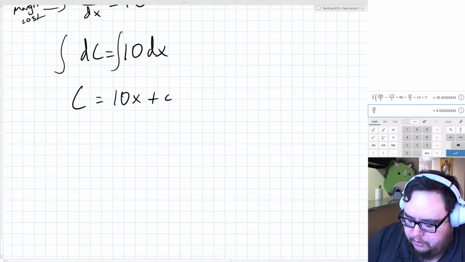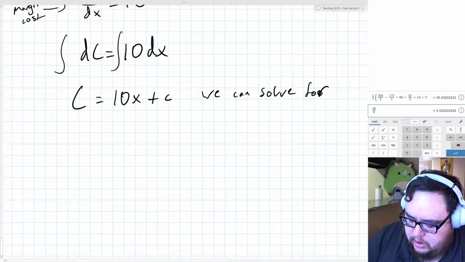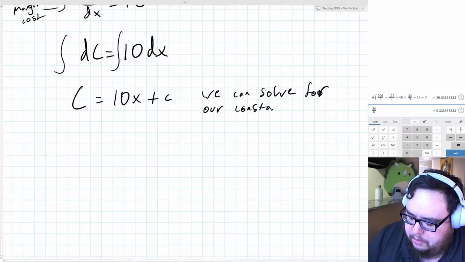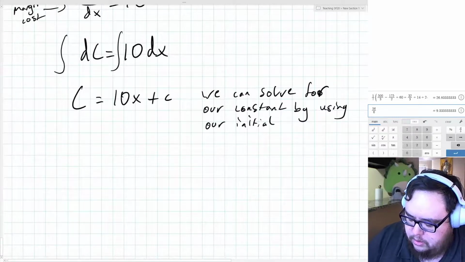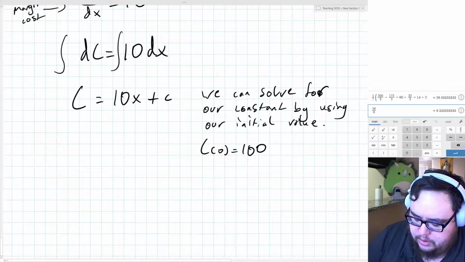But we can solve for our constant by using our initial value. We know that C of 0 is equal to 100.